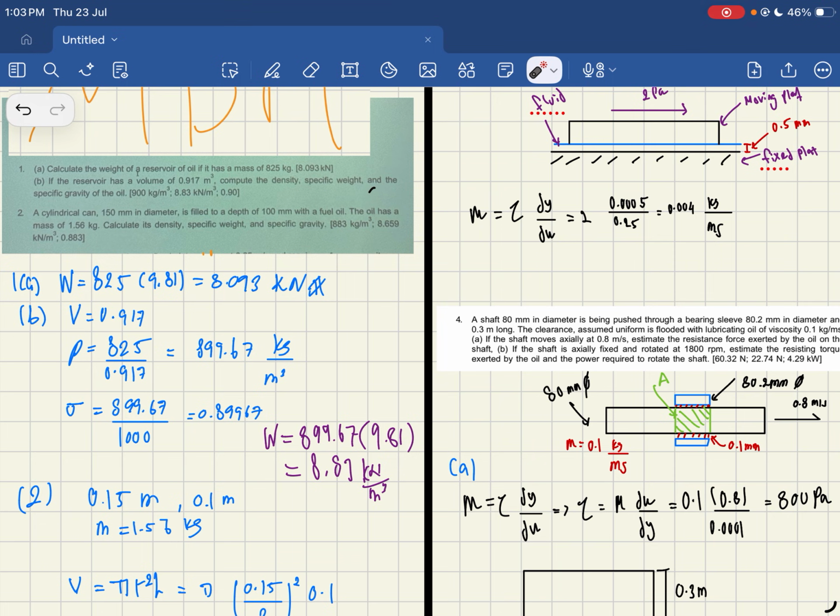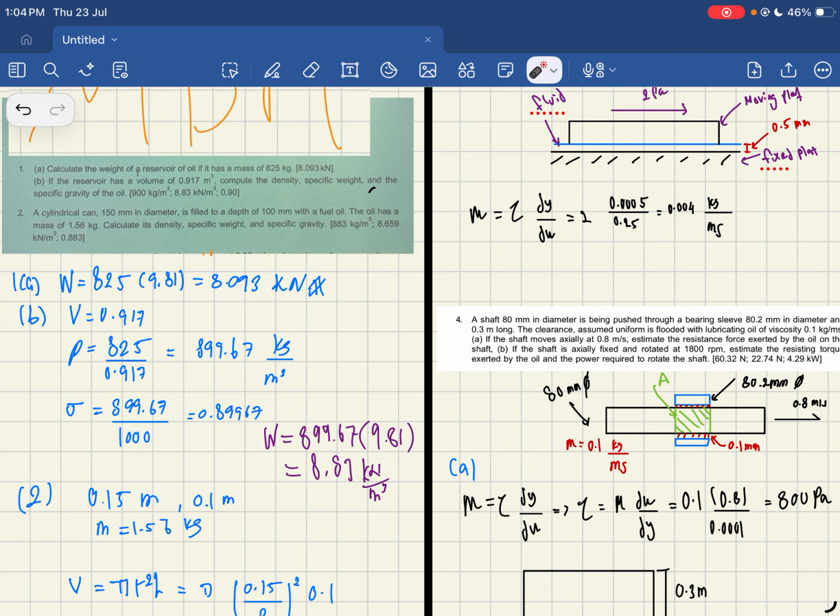Whereas for the specific weight, we denote it with the letter w. If you are confused with the weight symbol, you can just write the specific weight as SW. It's just an indicator, so it doesn't matter how you illustrate the term.